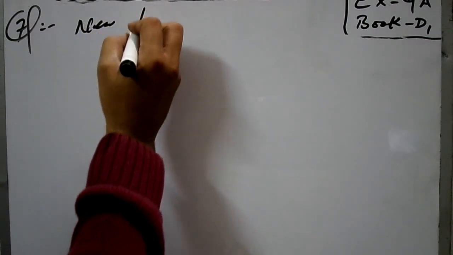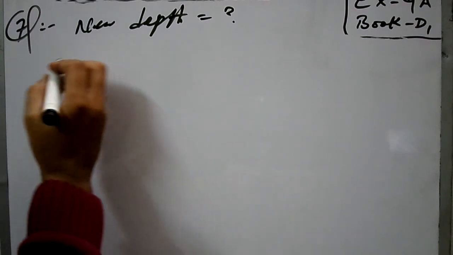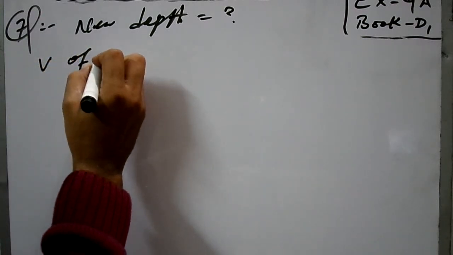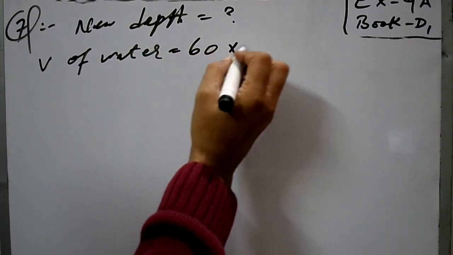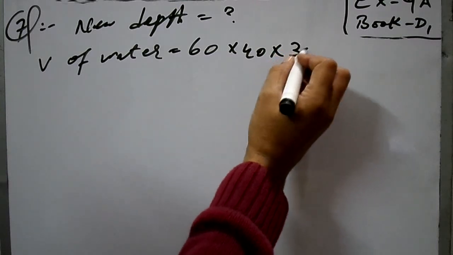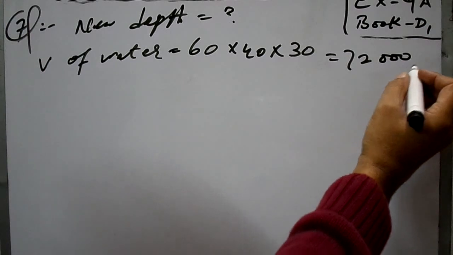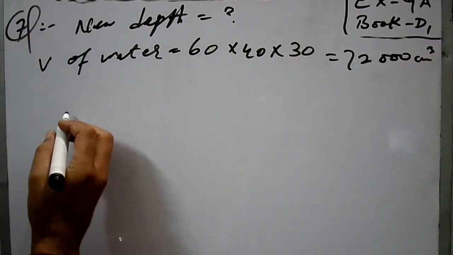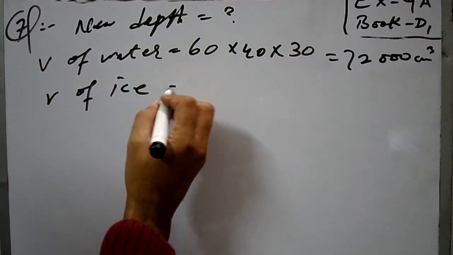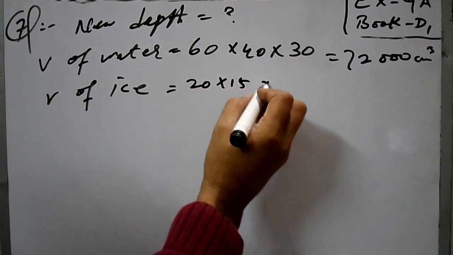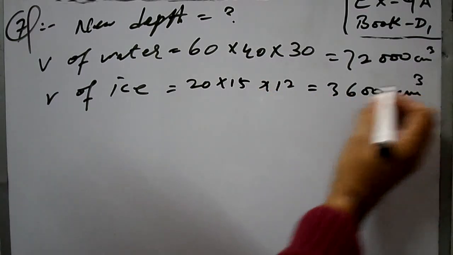Volume of water is 60 multiplied by 40 multiplied by 30, so you will get 72,000 centimeter cube. Similarly, volume of ice is 20 into 15 into 12, so you will get 3600 centimeter cube.